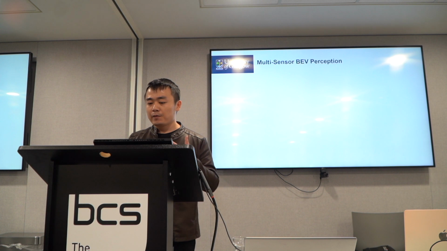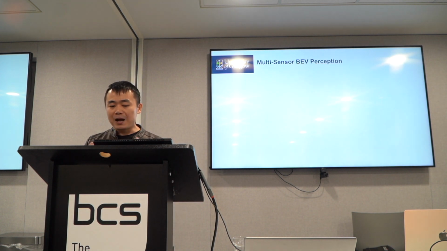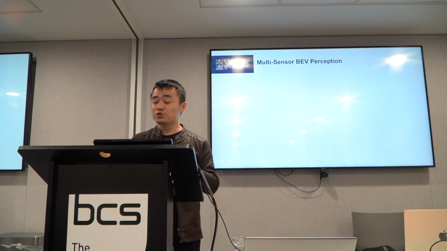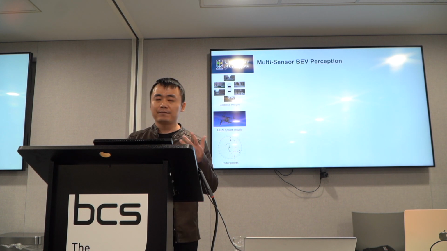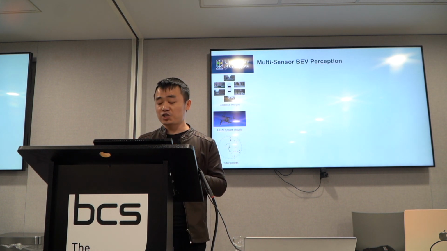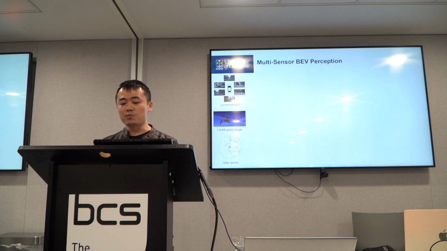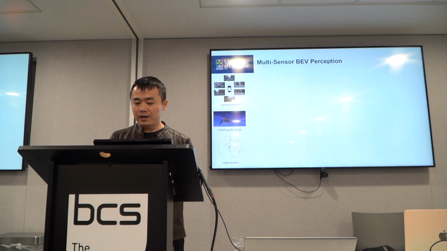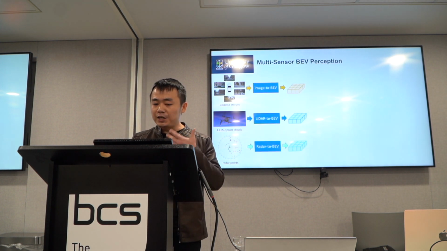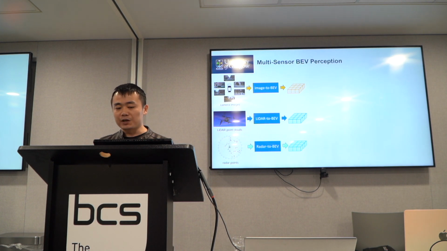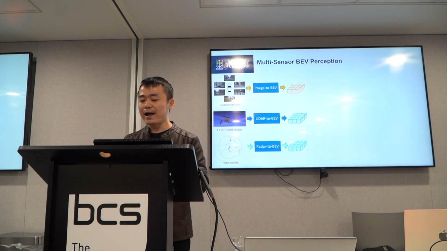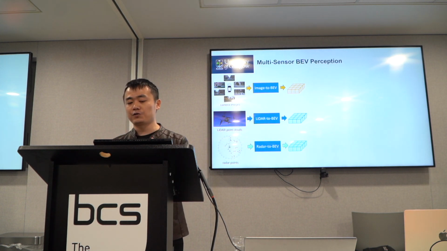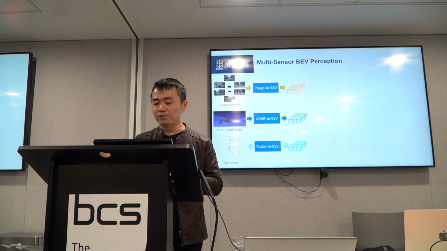So far, we have this kind of background knowledge. Then let's look at the multi-sensor BEV fusion framework. First, on the input stage, we have the multi-sensor input data. And with the framework we introduced, we can convert this multimodality data to BEV features, so we have different sources for BEV feature generation.